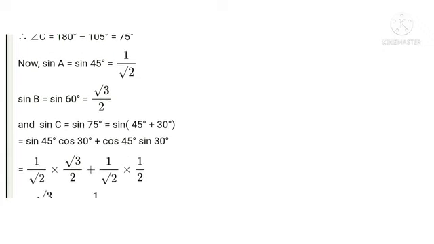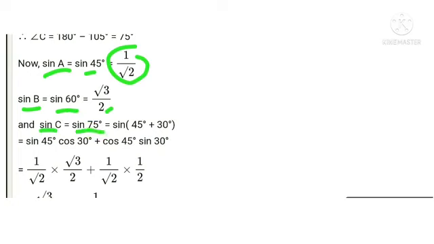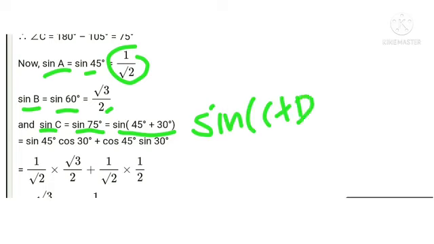Again you find sin A, sin 45 is 1 upon root 2, sin B, sin 60 means root 3 upon 2, and sin C, sin 75 degree. 75 degree we write as 45 degree plus 30 degree. Here you use the rule sin of C plus D. What is sin of C plus D?